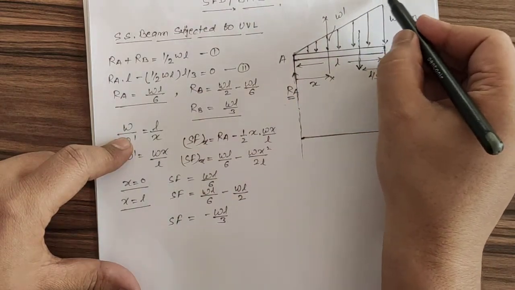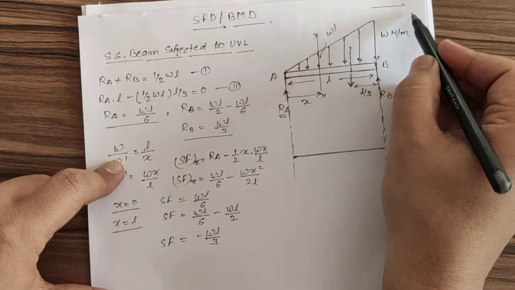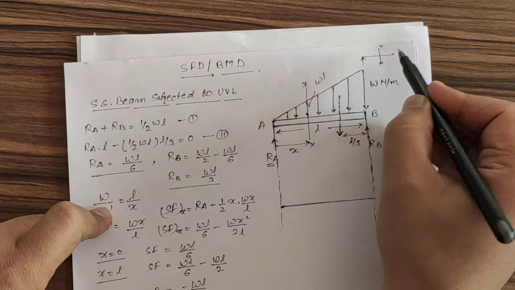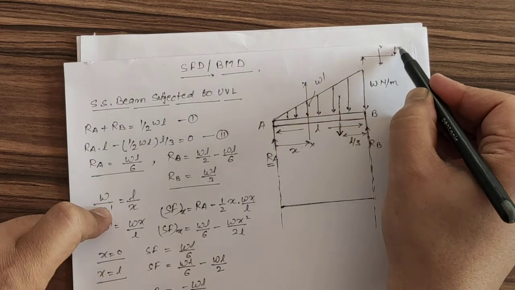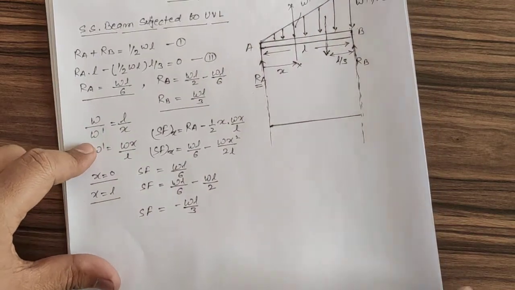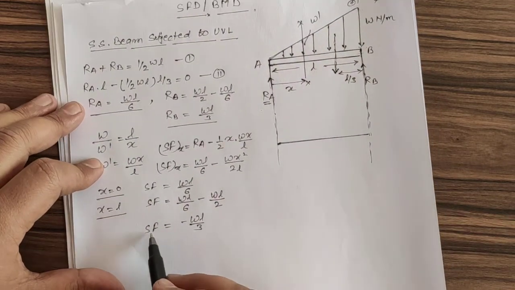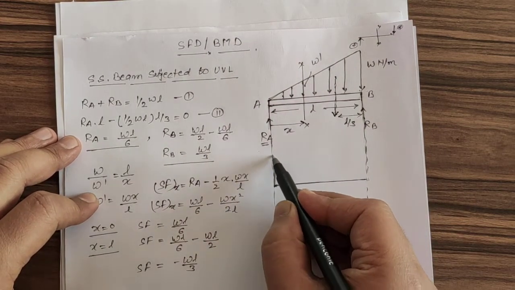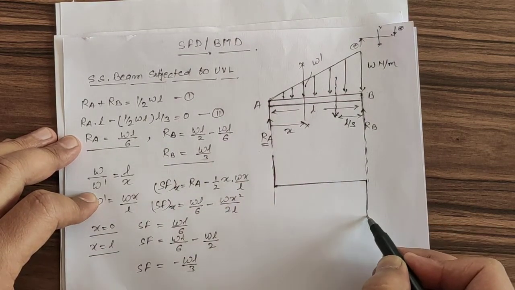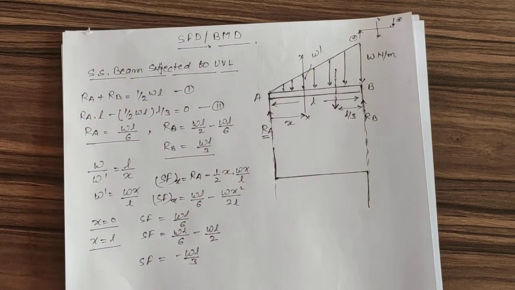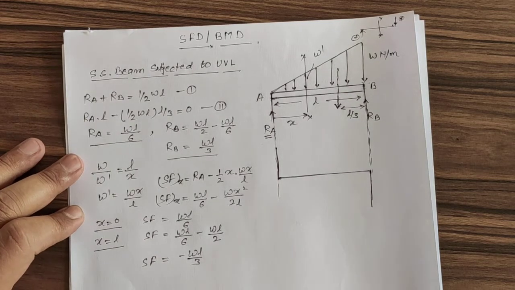Okay. Shear force is positive. We have taken the sign convention that this nature is positive and this nature is negative. Okay. So this we have already discussed. So shear force is positive here, we have W L by 6, here we have W L by 3. Okay. Now the shear force is positive at point A and negative at point B. So there will be a 0 value.